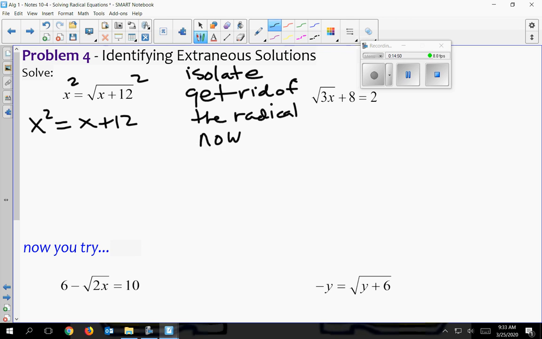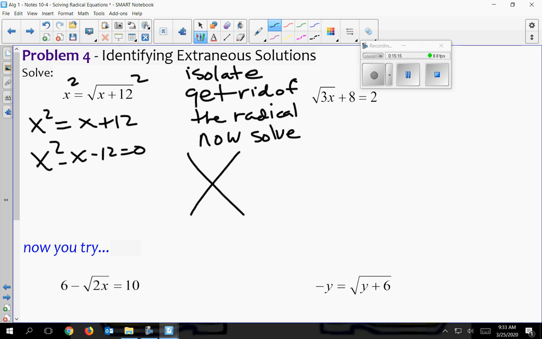Well, to solve this, I need to get everything to the same side of the equal sign. So it's back to when we were factoring stuff. I'm going to subtract the x and the 12 to get everything over here. Okay, well, that looks like now that I should probably factor this. So we use the big X here.